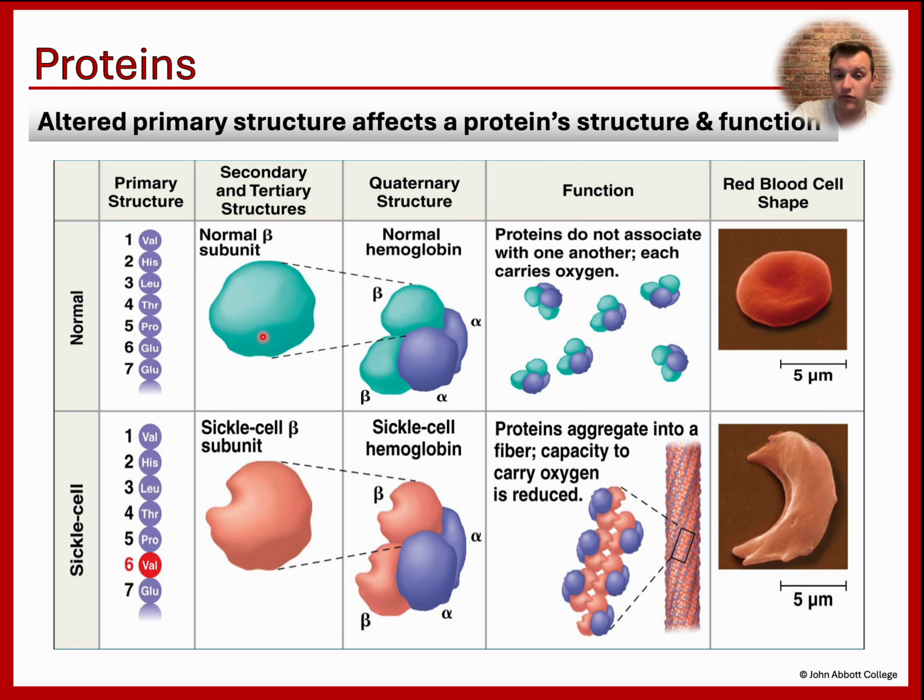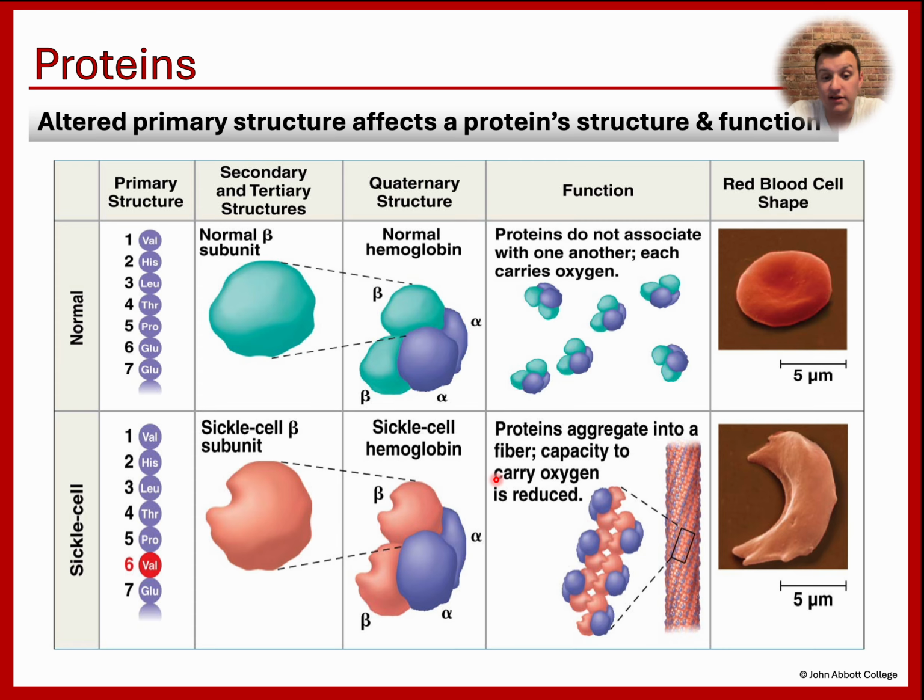The subunit has a little sickle in it. It has this little dent in it. Just because this valine, remember that the valine has an R group. It has a different R group compared to this glutamine over here. So this will have a different shape because of just one amino acid.